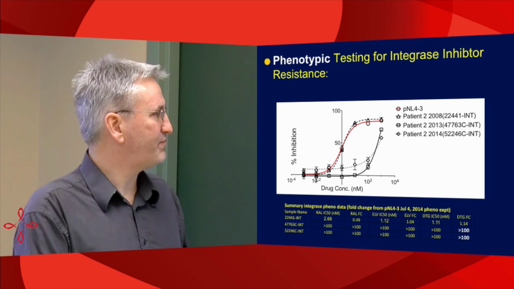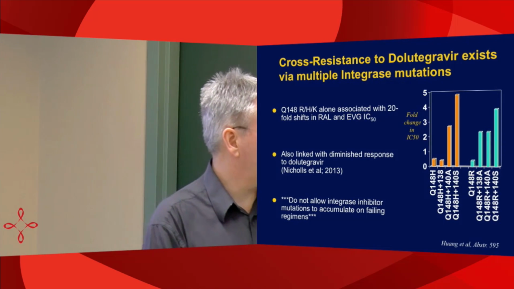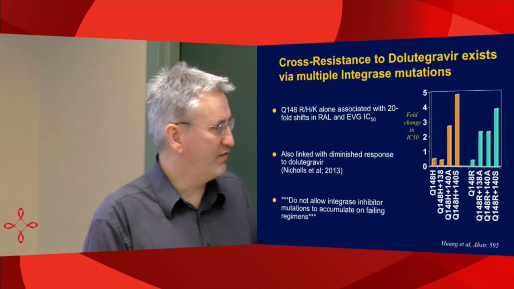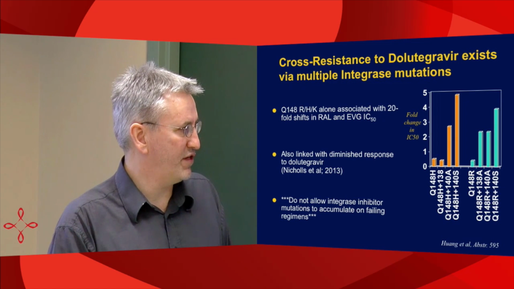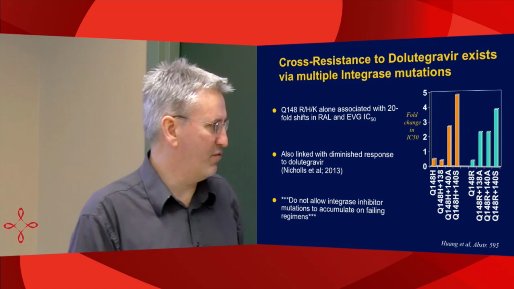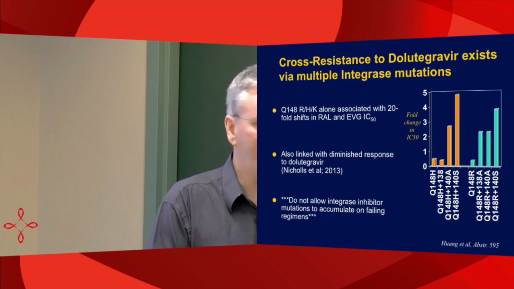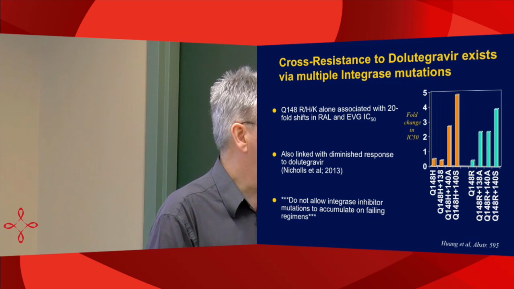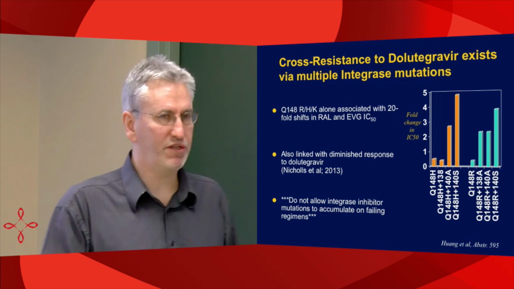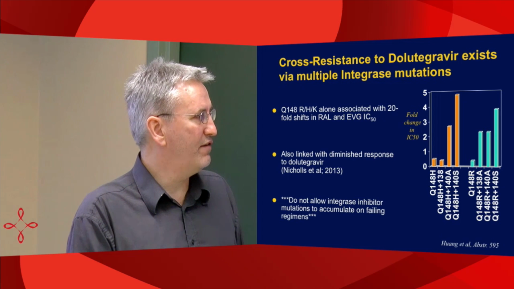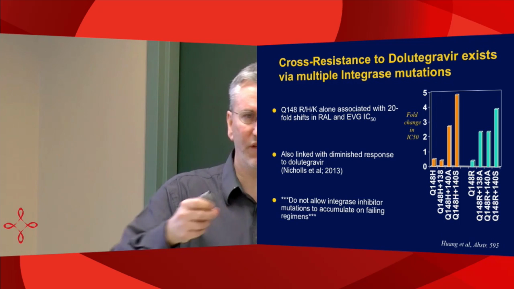There is data that suggests that having a couple of mutations, say in particular, don't worry about what they are, 2 of the common mutations that you can pick up, 148 and 140 mutations, you get 3 or 4 or 5-fold shifts in IC50.